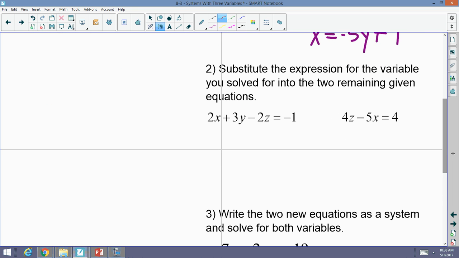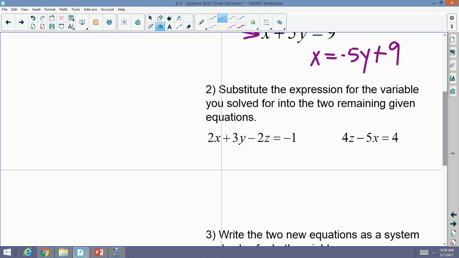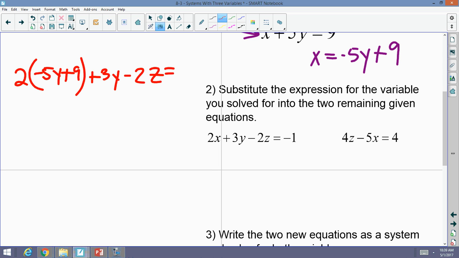Substitute the expression for the variable you solved for into the 2 remaining given equations. So I have 2x plus 3y minus 2z, and 4z minus 5x. I've got 2 times x, which is negative 5y plus 9, plus 3y minus 2z equals negative 1. So it's negative 10y plus 18 plus 3y minus 2z equals negative 1.